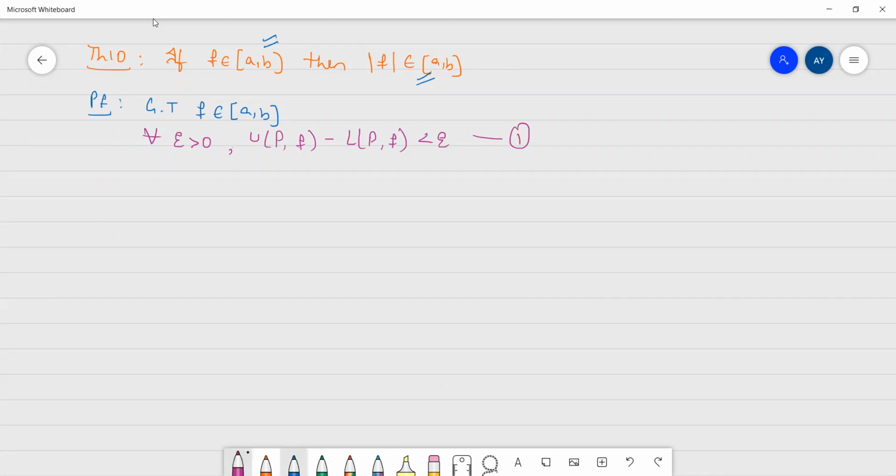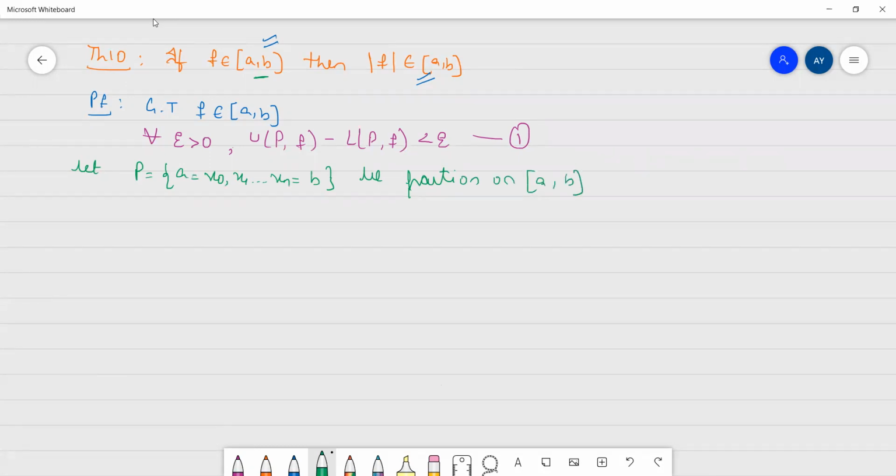Now continuing the proof, we have to define a partition. Let P = {a = x0, x1, ..., xn = b} be a partition on the closed interval [a, b].